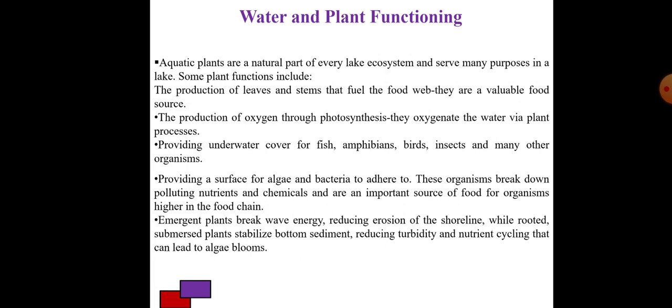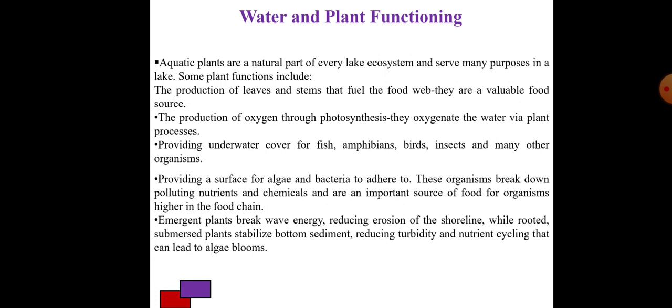So aquatic plants are a natural part of every lake's ecosystem and serve many purposes in a lake. Some plant functions include the production of leaves and stems that fuel the food web. They are a valuable food source. Then the production of oxygen through photosynthesis, they oxygenate the water via plant processes, then providing underwater cover for fish, amphibians, birds, insects and many other organisms.